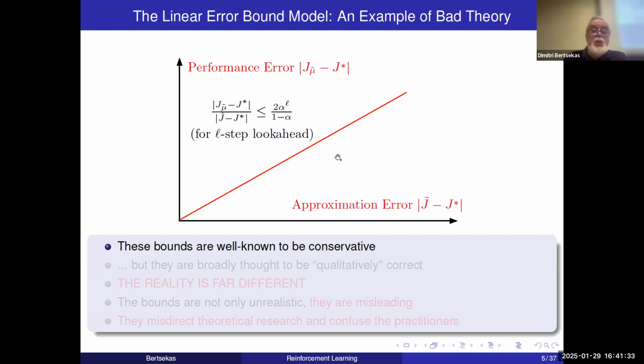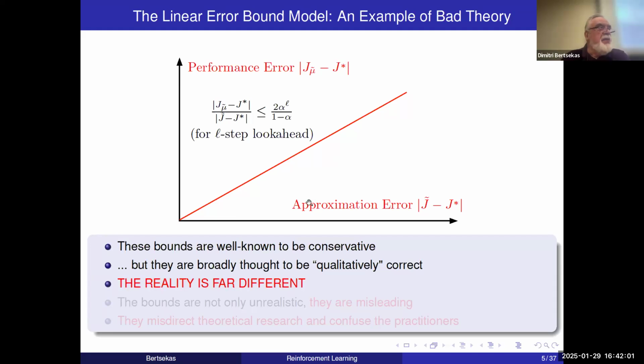We know from experience, well established, that these bounds are conservative. The real relationship between these two is much lower, okay? But it broadly has been thought that the linear relation is qualitatively correct. So even if this relation between the two is lower than the bound, it's still kind of linear.